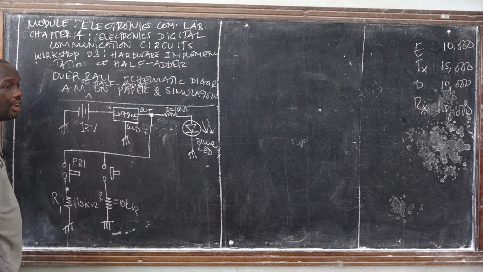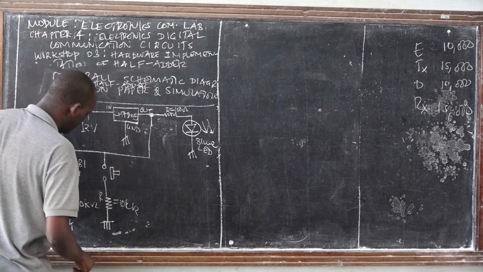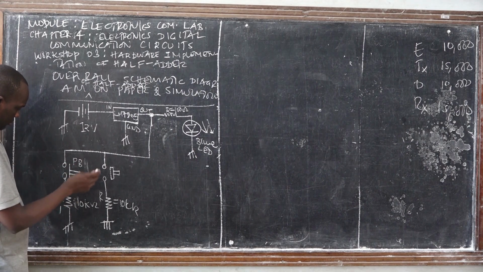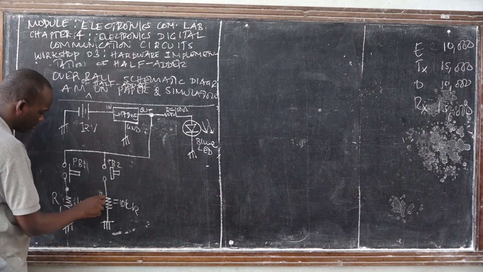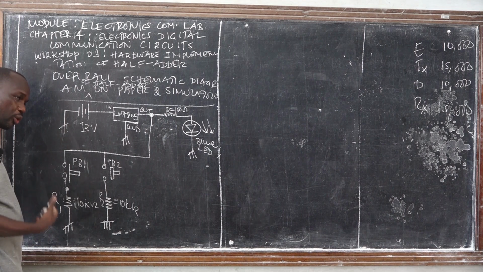Then this will be a push button, push button number 1, this is push button number 2, this is resistor 2, this is resistor 1. I said stop drawing, Shukuru, stop drawing.